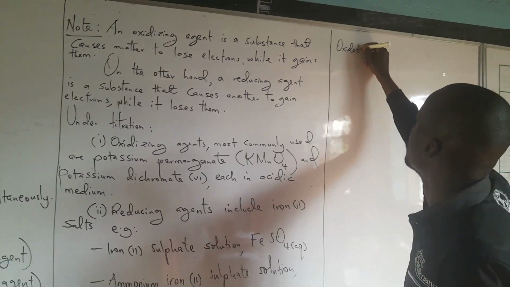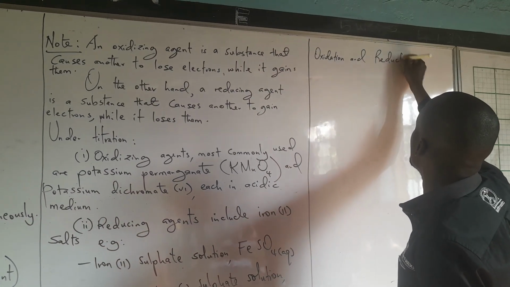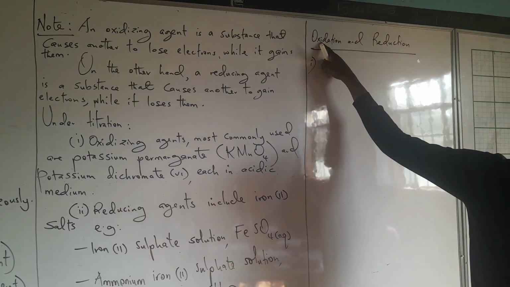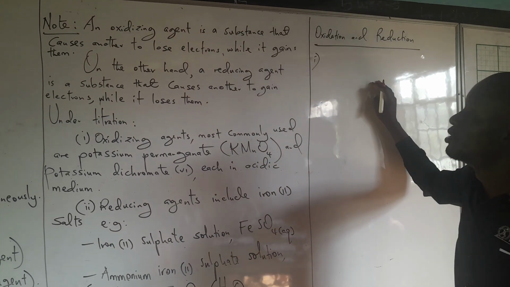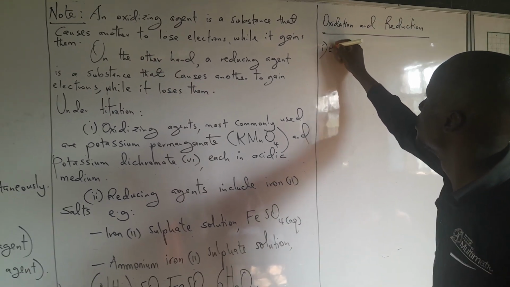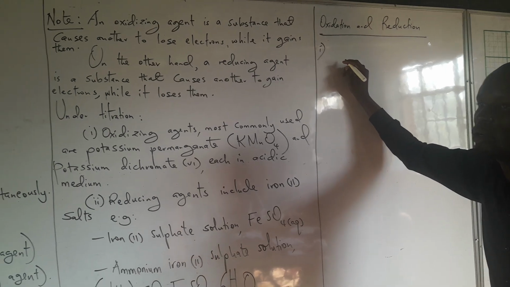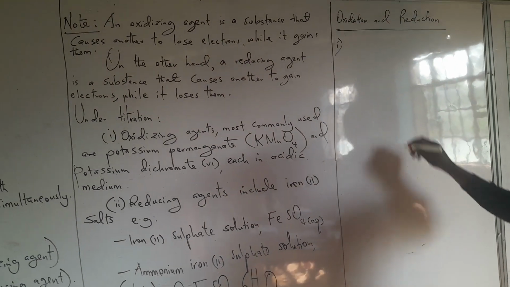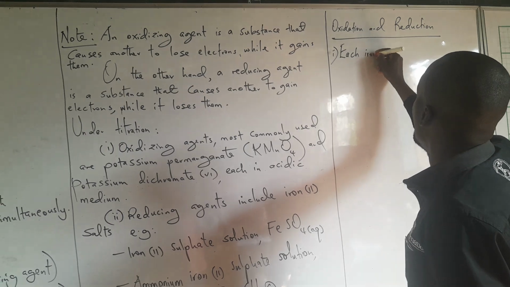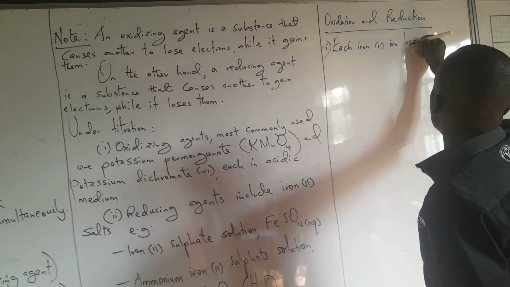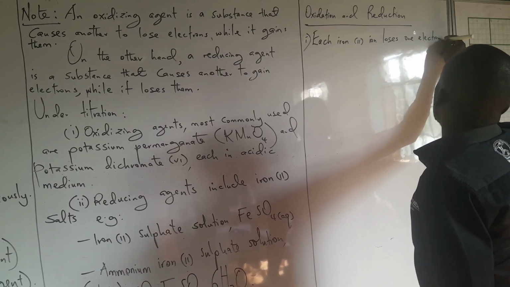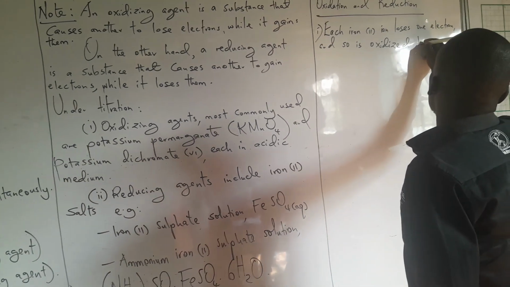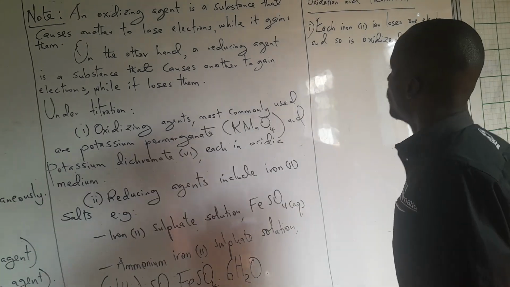Oxidation and reduction. We have said that oxidation is loss of electrons. So iron(II) ions lose electrons, so they are oxidized from iron(II) to iron(III). Each iron(II) loses 1 electron and so is oxidized to iron(III).